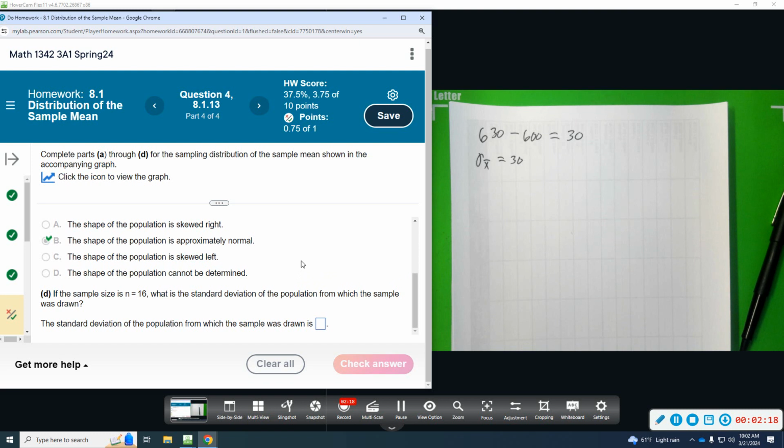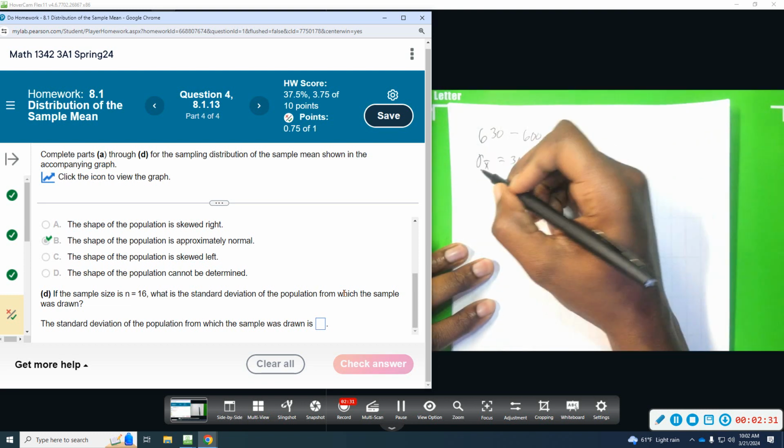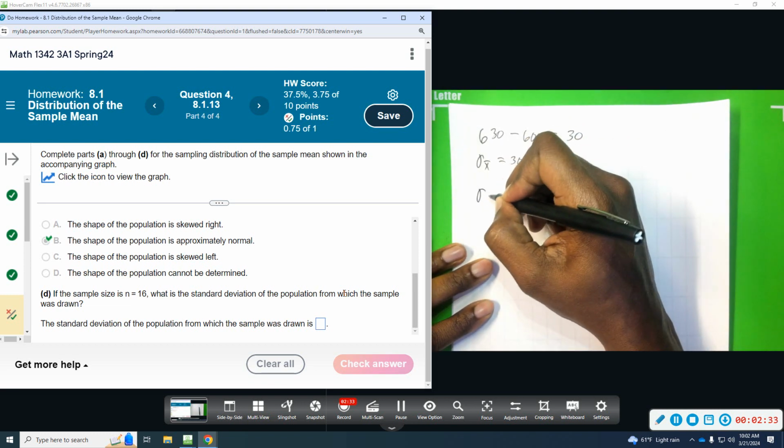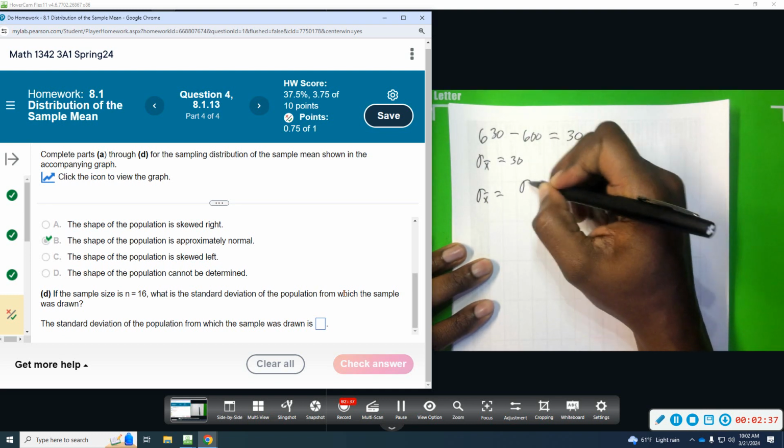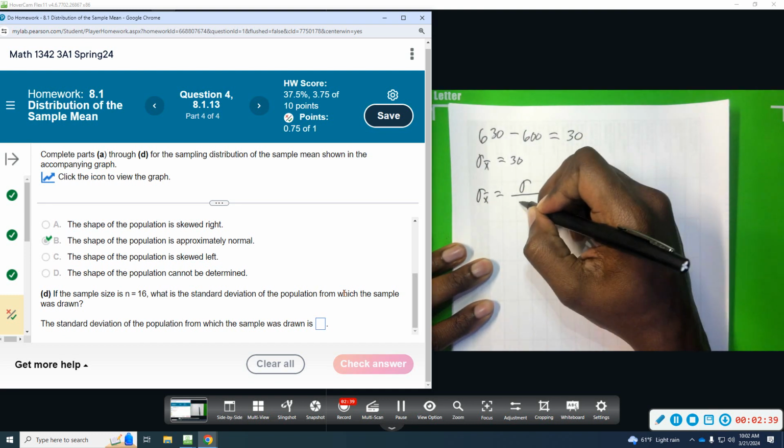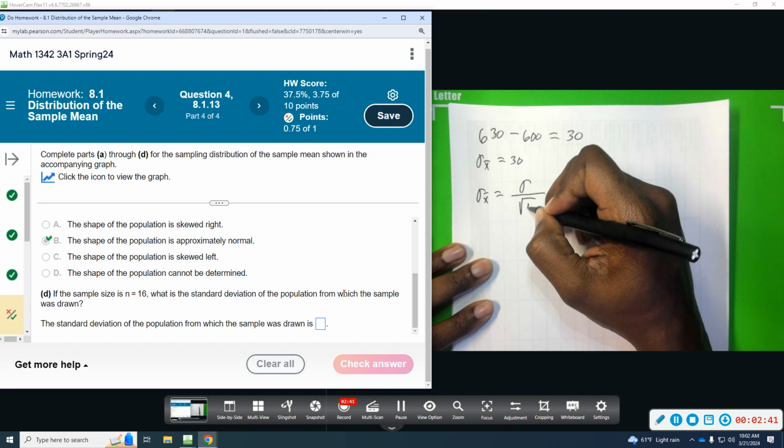All right, then part D says if the sample size n is 16, what is the standard deviation of the population? So we know that the sampling standard deviation, the formula for that, is equal to the population standard deviation divided by the square root of n.